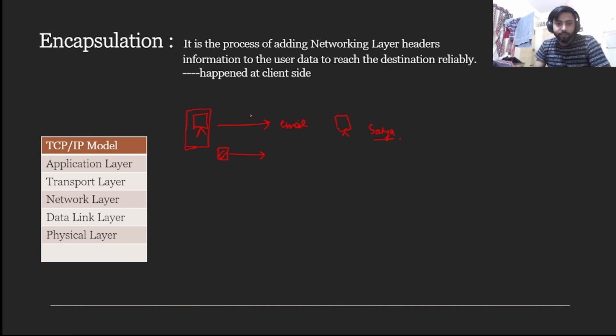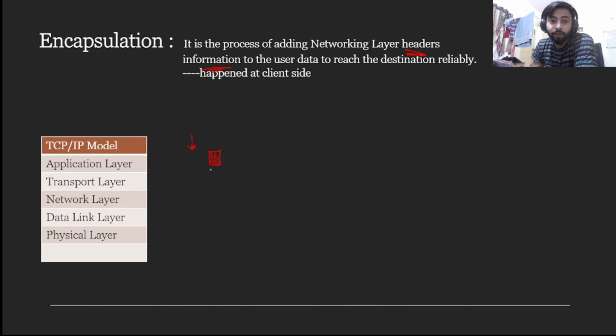So let's say this is the image, and I would like to send this to one of my friends. This is my main data. As I said, we have to add the headers in terms of encapsulation. As the data goes down the networking layers, it adds a few headers.